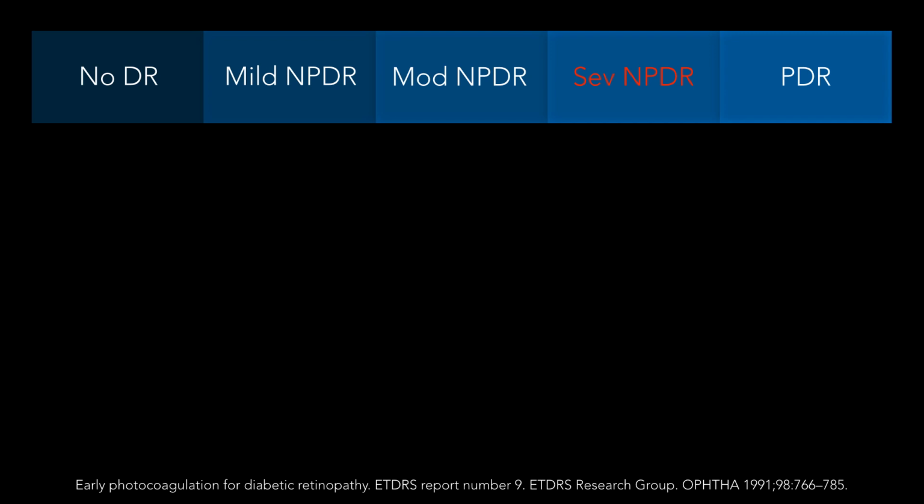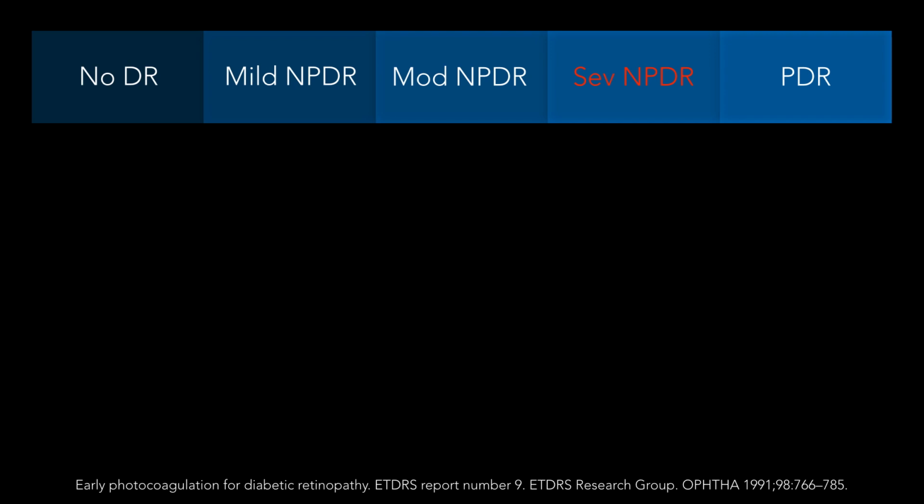Okay, severe NPDR. How do we define that, Jason? 4-2-1 rule. Right, and what does that stand for? Is it MAs in 4 quadrants? Not MA, something else, something very close. It has 3 letters instead of 2. DBH. Okay, DBH in 4 quadrants.